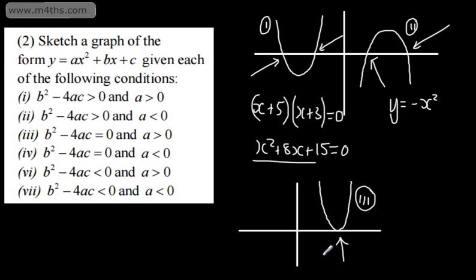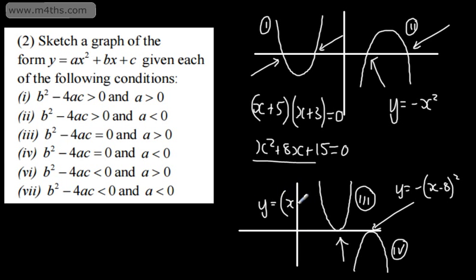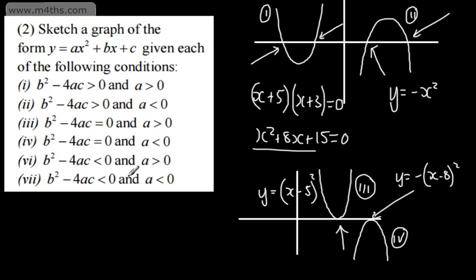So all I need to do, I can put it anywhere here, is just go ahead and draw that. So this again touches the x-axis. We've got now a repeated root, so we might have this as negative, x minus 8 all squared. So this could be the graph of y equals negative quantity x minus 8 all squared. This graph could be y equals x minus, let's go for x minus 5 all squared. So these perfect squares will give rise to the discriminant being 0.